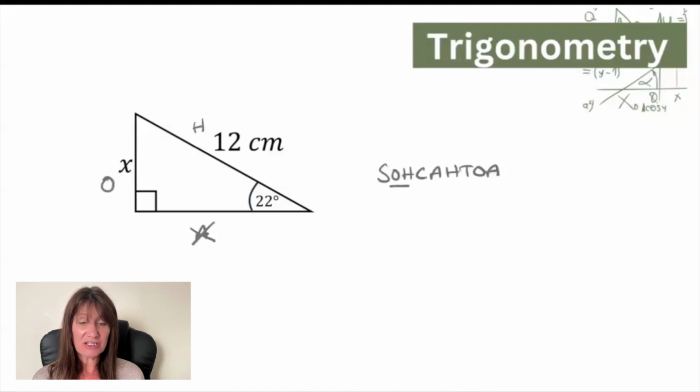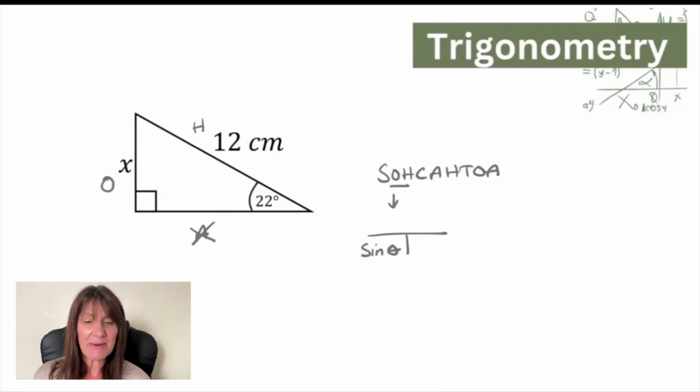It's O and H, which means it's sine. Now here I'm going to be a little bit lazy, and I'm not going to draw a full triangle, just the kind of T that's inside it. I'm going to label it up with my sine theta, the symbol for my angle, O at the top, H at the bottom. And then I'm going to redraw it, transferring the information in from the diagram.